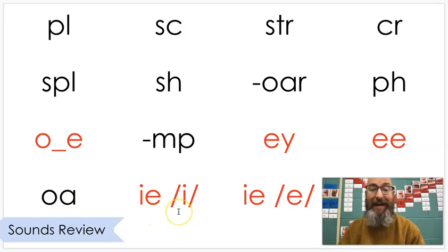It can say I, as in pie, or E. Now, are you ready? Remember, don't say the word until the whole thing is up there. You ready? Let's get started. And on these, by the way, I will put the prefix first anyway, because we already know that RE says re.